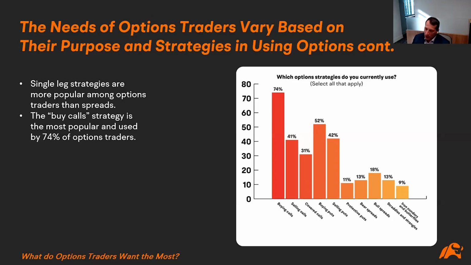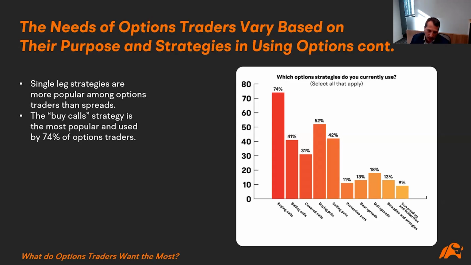We do see some difference though between SPX, specifically index options, and ETF and single stock. We do see a pretty even split in SPX between simple and complex orders, simple being the single legs.